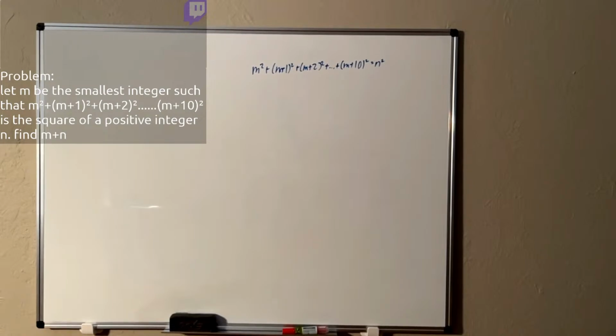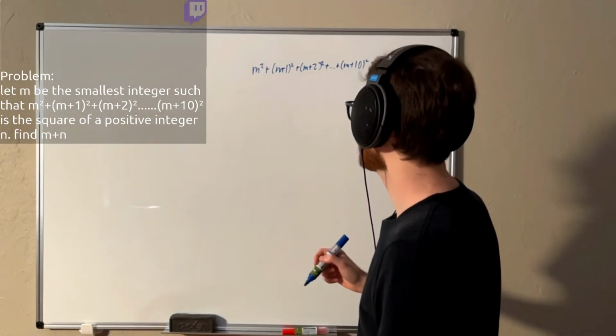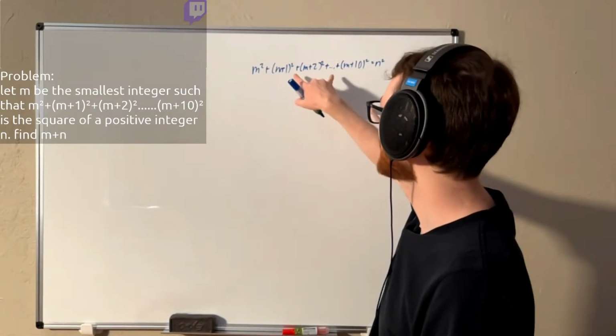So we basically have this equality here. And we want to manipulate it to find, basically we want to hope that we get an n plus n somewhere here. So my only real idea to try for this problem is to work with this.